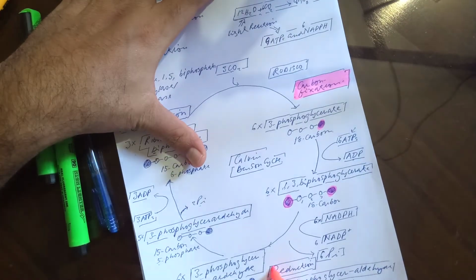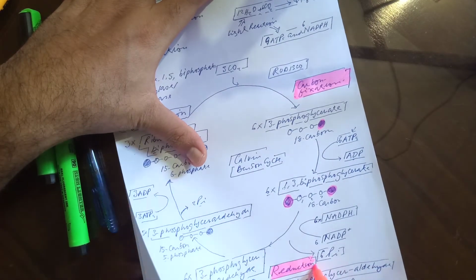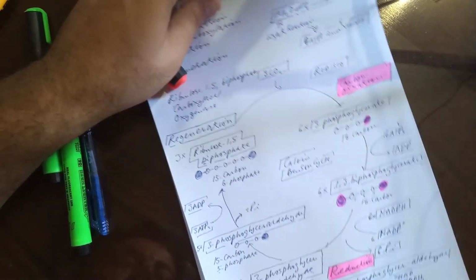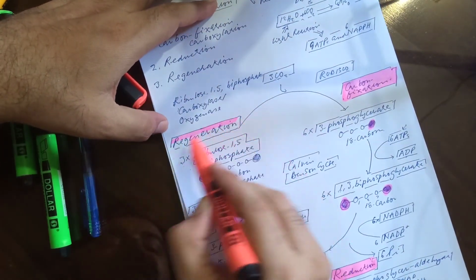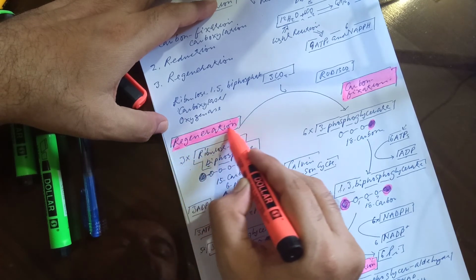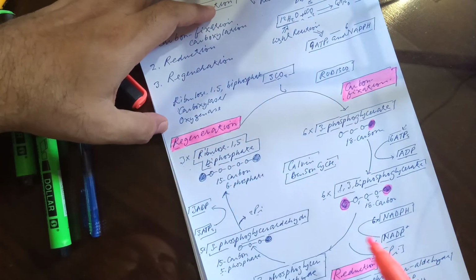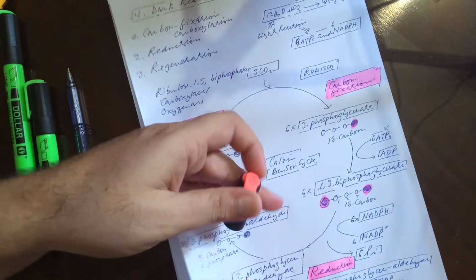And this was the second reaction called reduction. Reduction of 1,3-biphosphoglyceric acid into 3-phosphoglyceraldehyde. And this reaction was the regeneration. Out of the 3-phosphoglyceraldehyde, you were regenerating ribulose 1,5-biphosphate. So this was called regeneration.